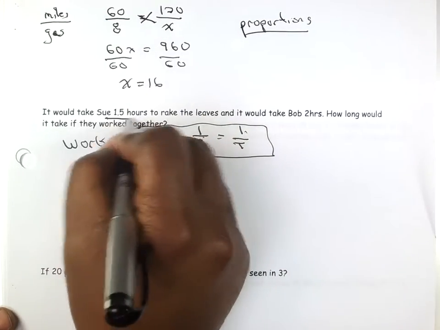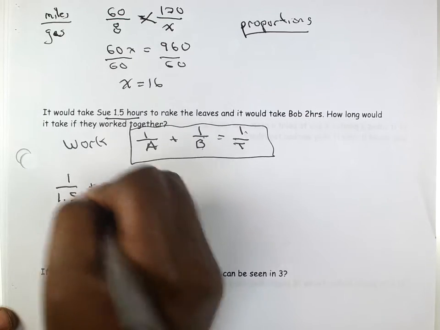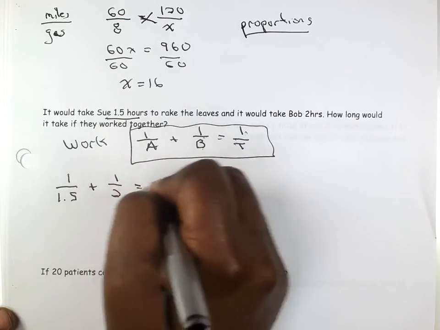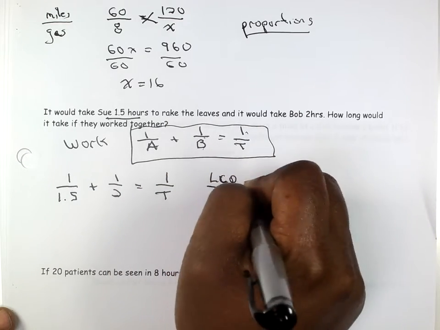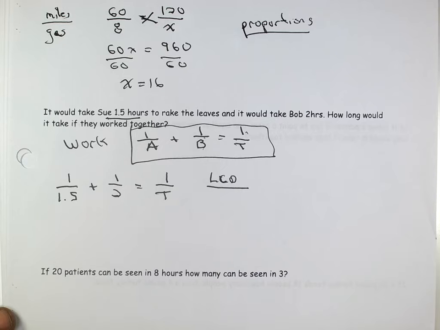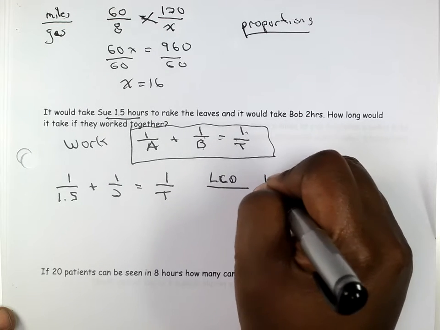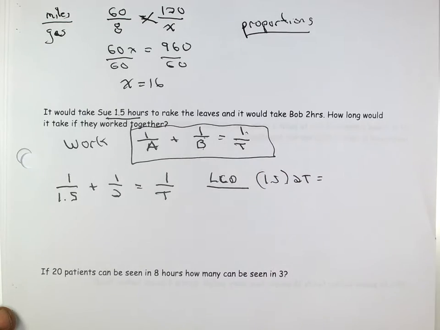So it takes Susan 1.5 hours, so I get 1 over 1.5. And Bob, it takes 2 hours, so 1 over 2, and it equals 1 over T. So I need the LCD so that I can get rid of these fractions and multiply it out. So I'm just going to multiply 1.5 times 2 times T, and that's my LCD.